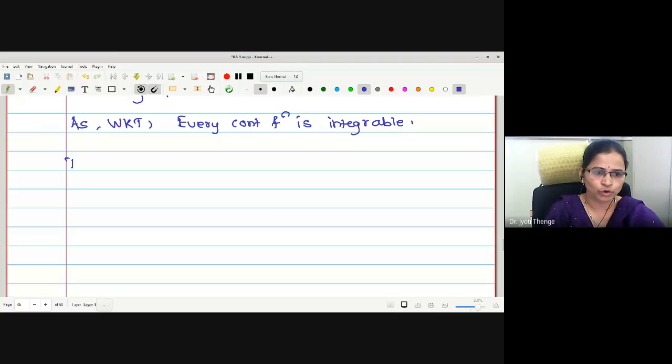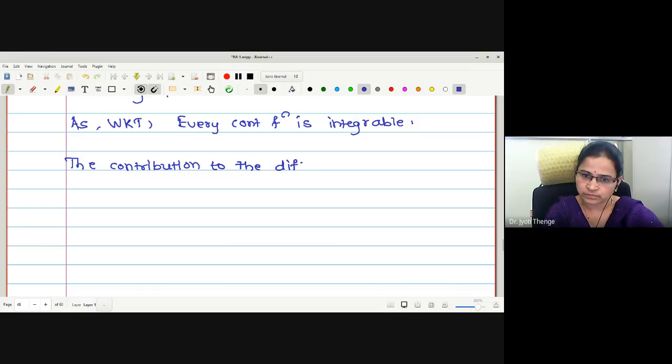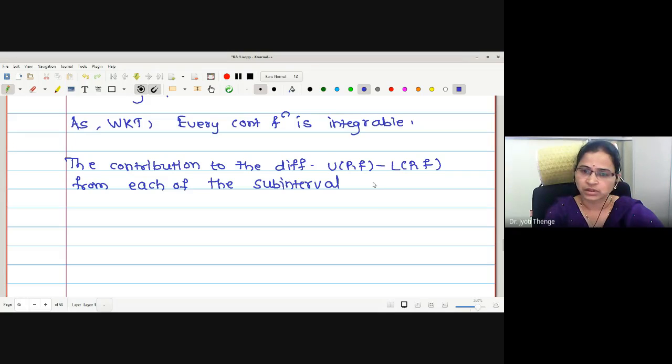Therefore, the contribution to the difference UPF minus LPF from each of the subintervals can be made less than epsilon upon 2 times P plus 1.